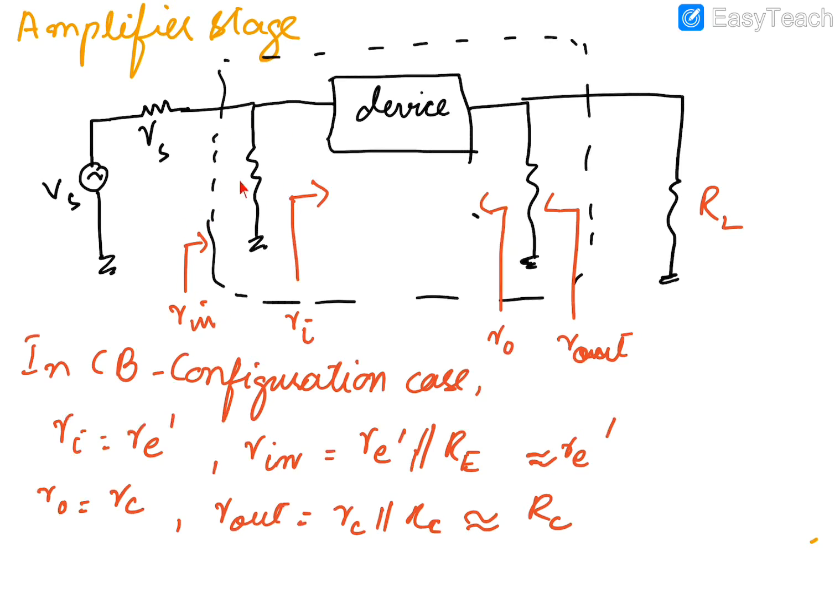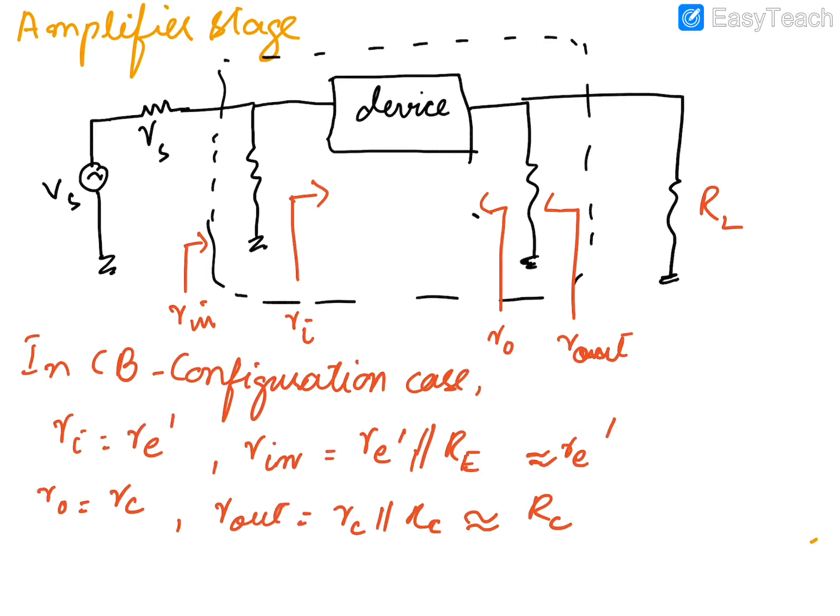This is basically the biasing resistance connected on both sides. So Rin and Rout are basically measured after and before the biasing resistors, but Rout is measured before RL and Rin is measured after Rs.